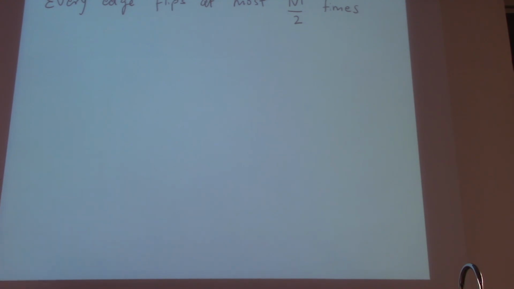Because now, what is the flipping budget? Right? So let's say V is equal to N. I said each iteration itself takes M time, because I'm finding the shortest path.